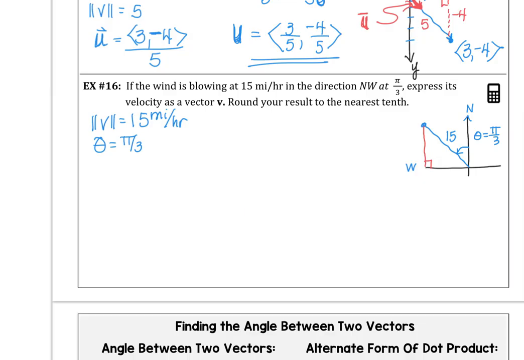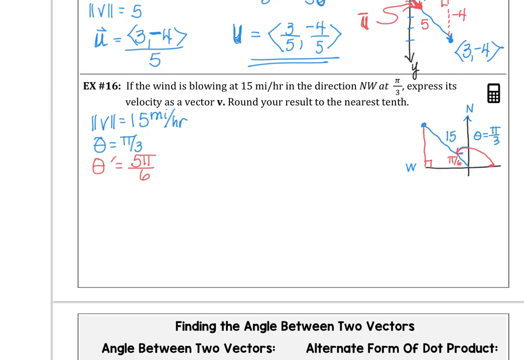This angle in here has to be pi over 6. So if I called this angle from the x-axis over to the vector theta prime, that would have to be 5 pi over 6.